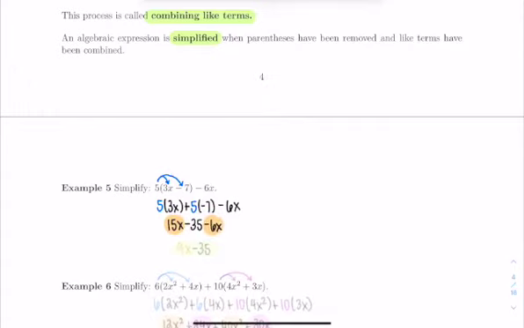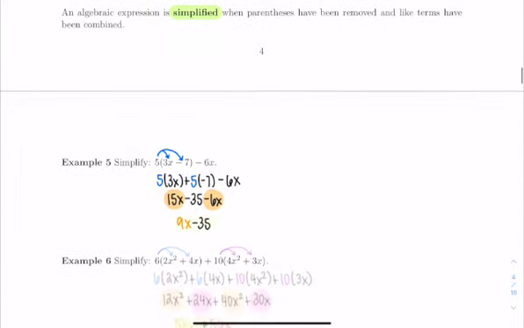And so 15 minus 6 is 9, and then we keep the same variable, so x, and then we still have our minus 35. So my final answer is 9x minus 35. And that is as simplified as that gets.